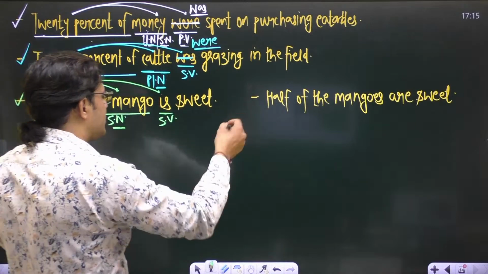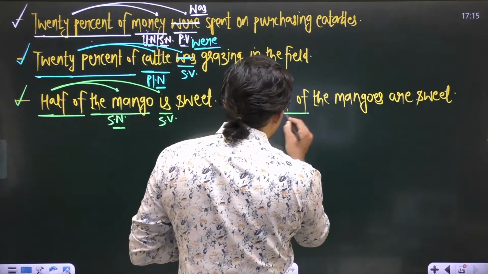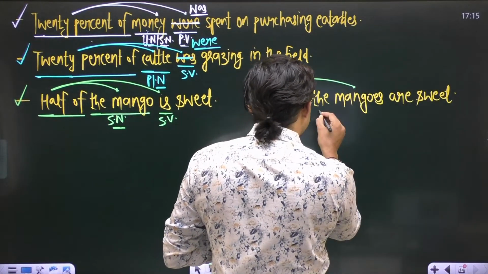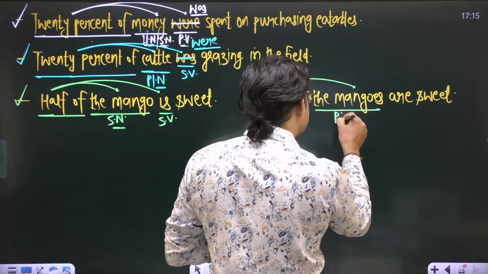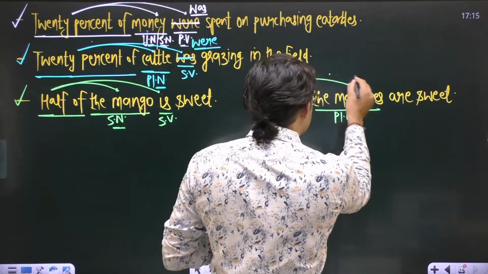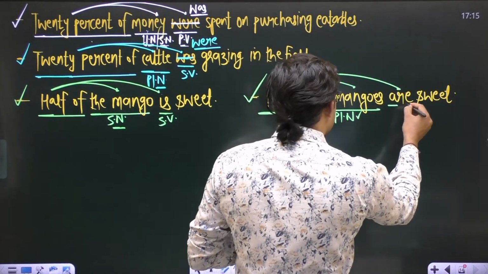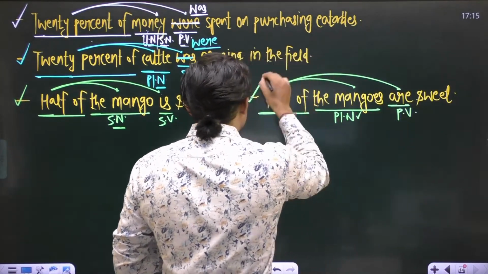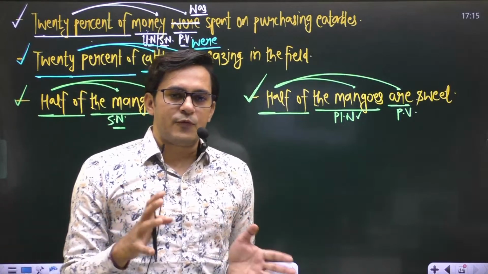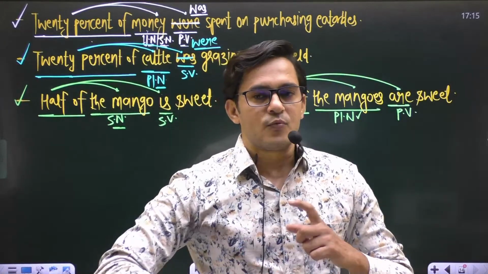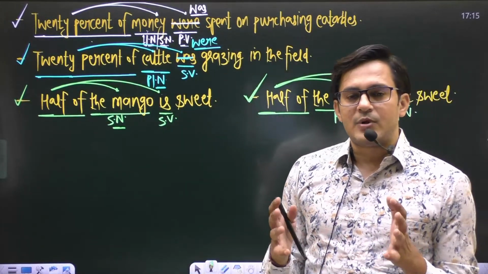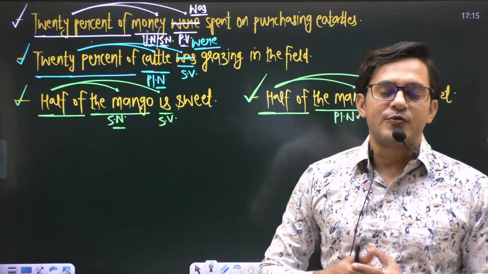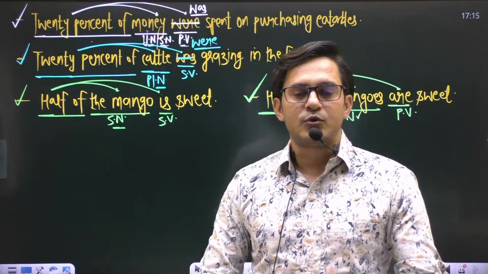If you talk about the last sentence, again you have the word "half of", and the noun which follows "half of" is a plural noun. So according to this plural noun, the verb will also be plural. You have different words like one, half of, all of, some of, most of, 1/3 of, 2/3 of.